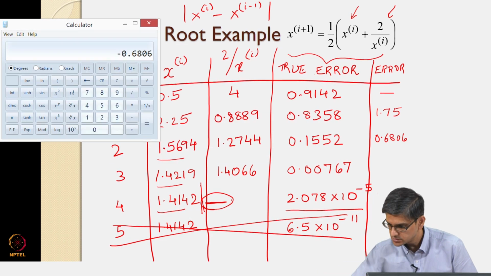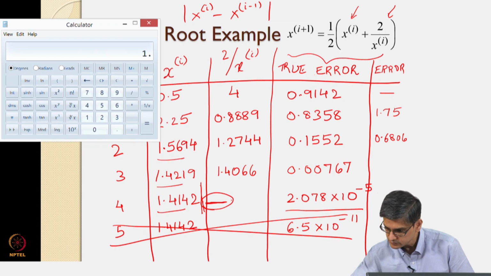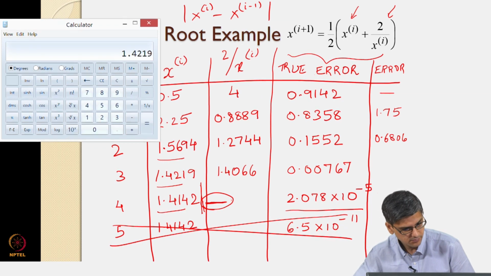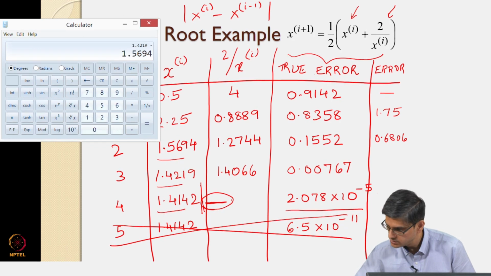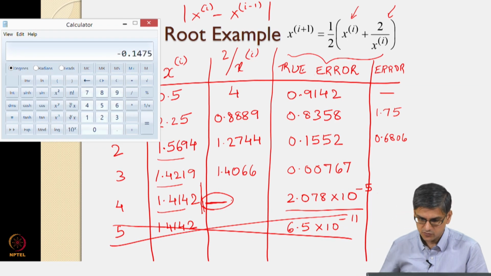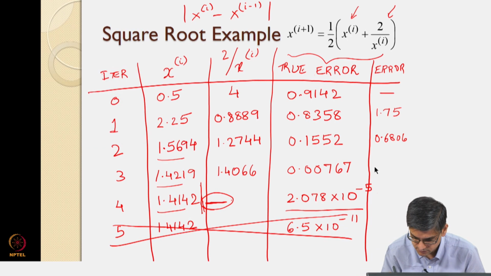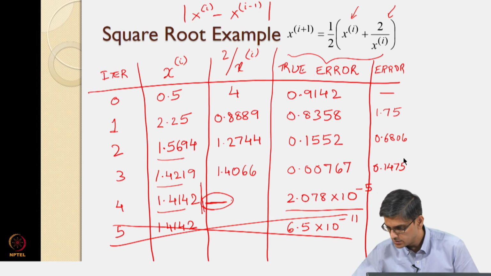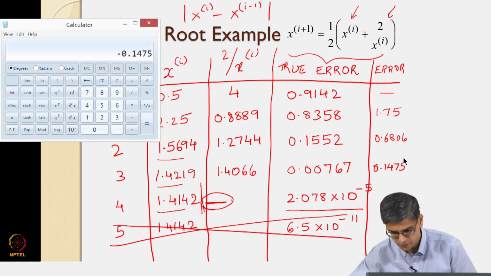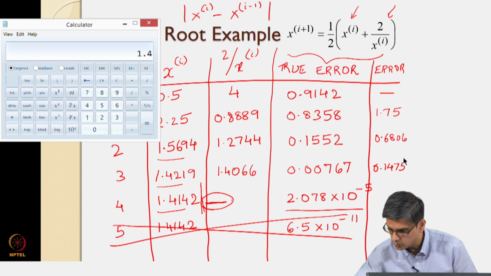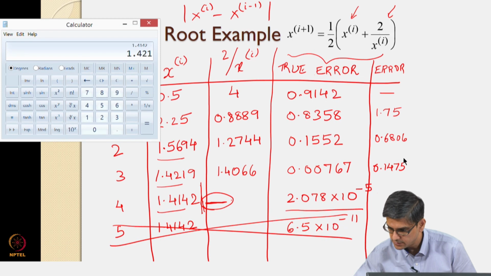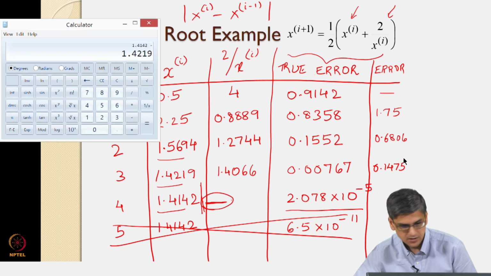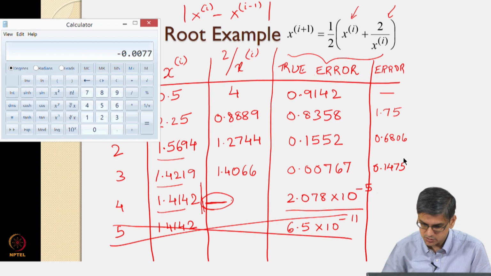The next error is 1.4219 minus 1.5694, and that is 0.1475. The next one is 1.4142 minus 1.4219, and that is 0.0077.